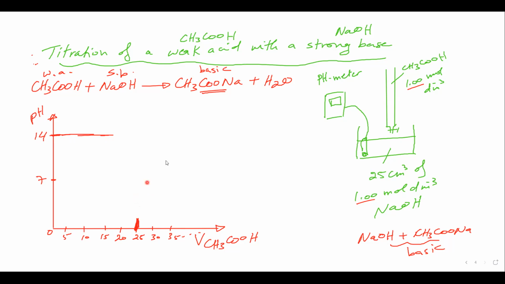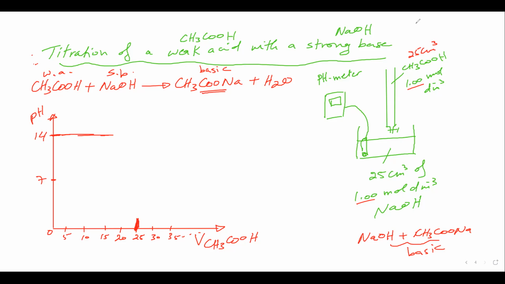Now, when ethanoic acid is added to the sodium hydroxide drop by drop until we have added 25 centimeter cube of the ethanoic acid, this means that the 25 centimeter cube is equal to the 25 centimeter cube of the sodium hydroxide, and so it will completely react with it, and so we will form the basic salt.